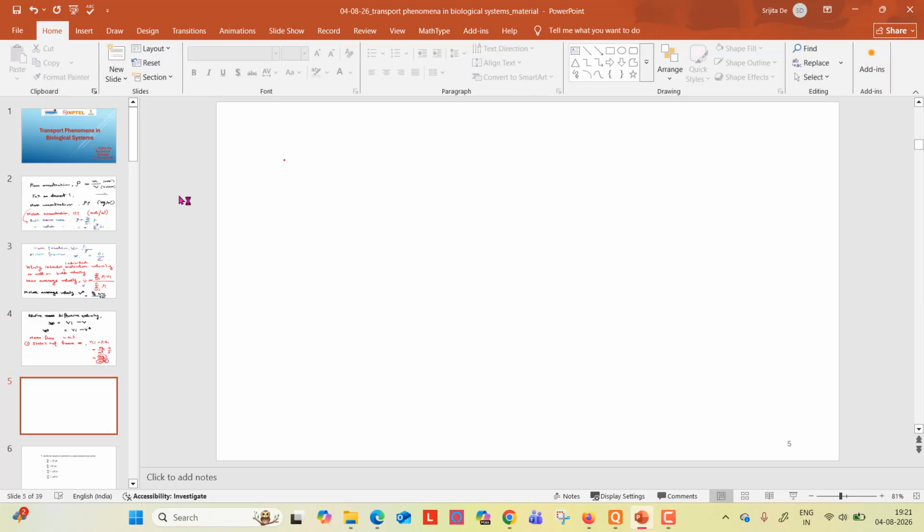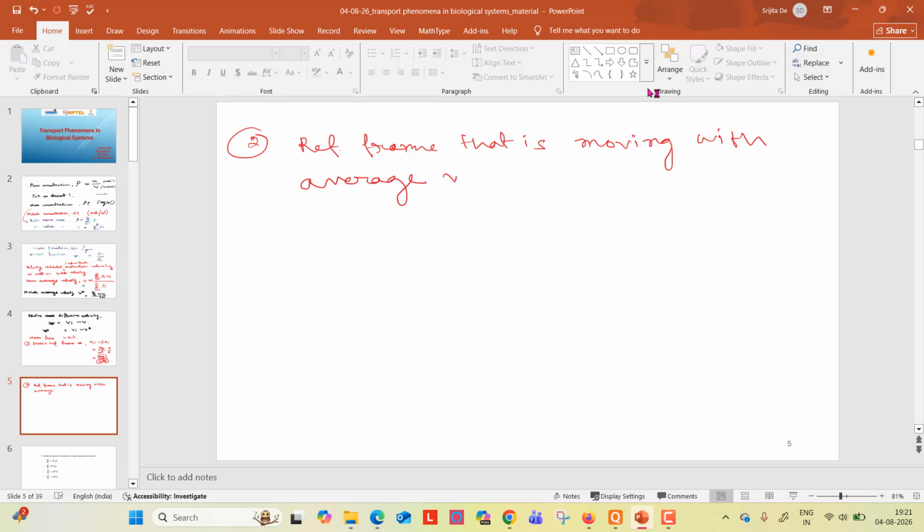Next, the second one is the mass flux with respect to the reference frame that is moving with average velocity.